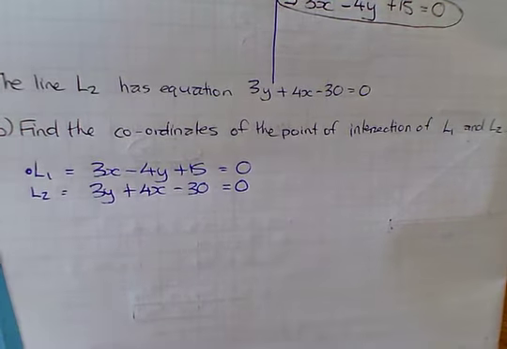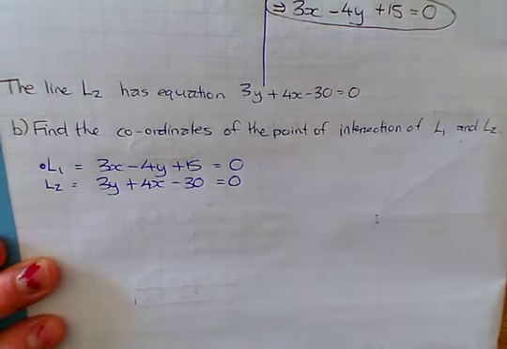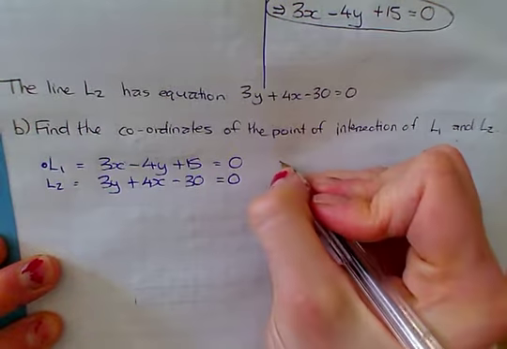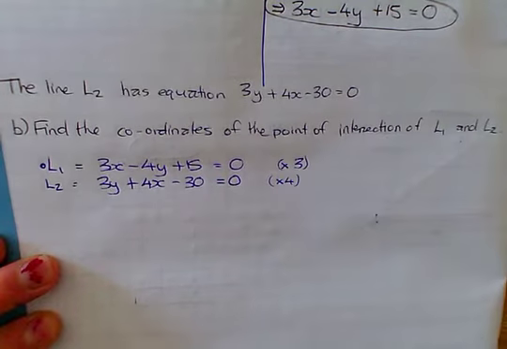Now, much like when you're wanting to solve simultaneous equations, you want the coefficient of either x or y to be the same. So I'm going to make the coefficient of y the same by multiplying this equation by 3 and this equation by 4.